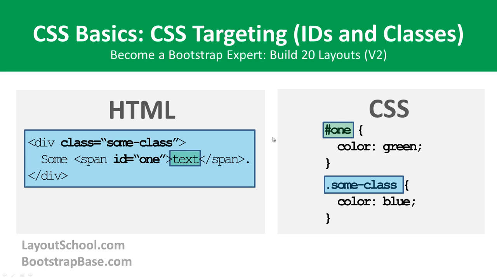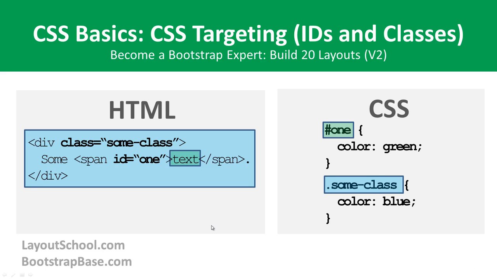So this equals this. And then inside squirrely brackets, we provide the property and the value. In this case, the property is color and the value is green, which results in this text right here being colored green. And this word will be colored based on what we provide right here.